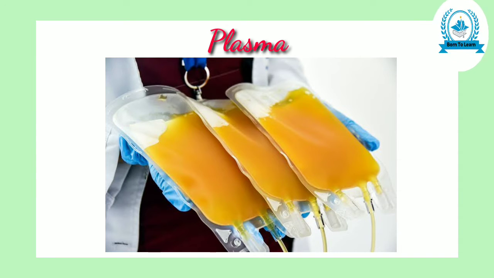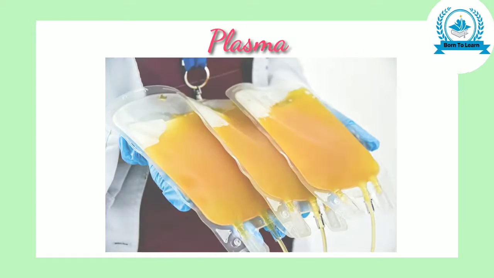Plasma also contains dissolved substances such as proteins, digested food, common salt, waste products like carbon dioxide and urea, and hormones. Plasma carries all these dissolved substances from one part to another part in the body. Red blood cells, white blood cells, and platelets are immersed in this liquid called plasma.